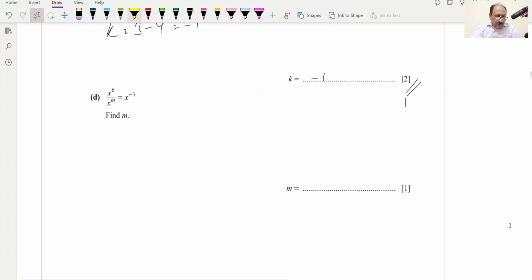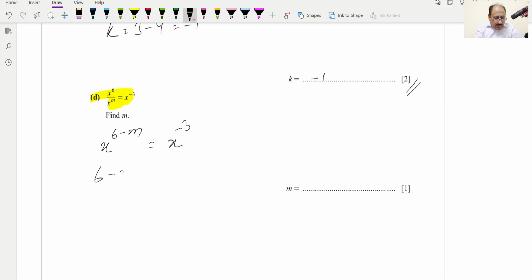Now D part, again an algebraic fraction, which we have to simplify and find the value of m. To find the value of m, we can rewrite it as x raised to 6 minus m is equal to x raised to minus 3. So now we can rewrite as, we can leave the bases.